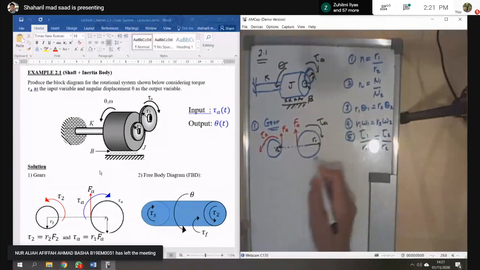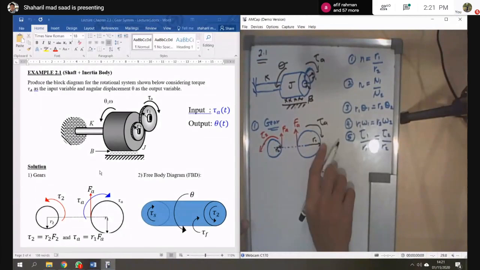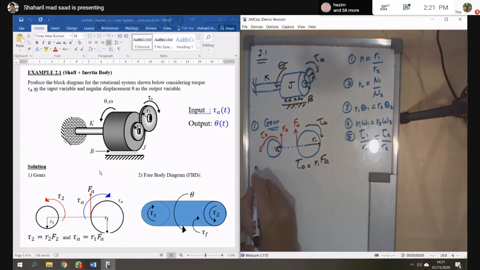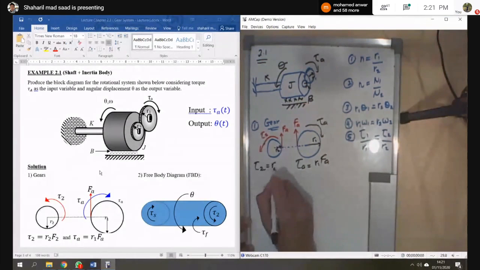All right. So now, the relationship is you have TA equals R1 FA. And then another equation is T2 equals R2 F2. It's the same thing.